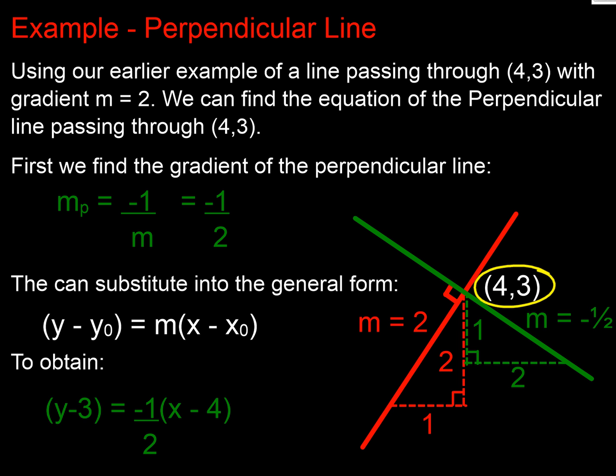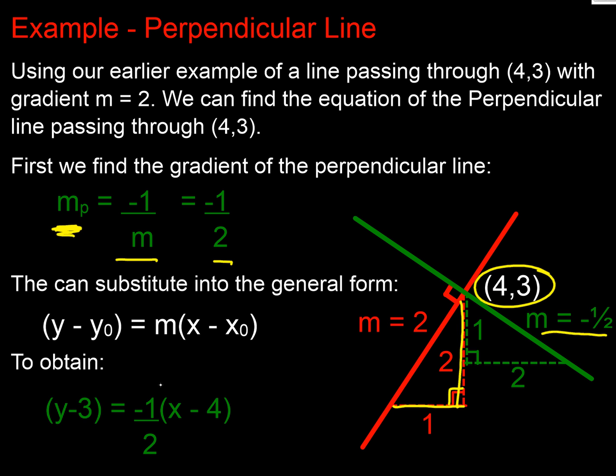Let's have a look, using the example we had earlier. It went through the point 4, 3 and our baseline had a gradient of 2, so there's our gradient triangle. If we rotate that triangle round, we can see that our gradient is -0.5, and if we use our generalized formula, the gradient of our perpendicular is -1 over m, where m was 2, so again we get -0.5, don't we?